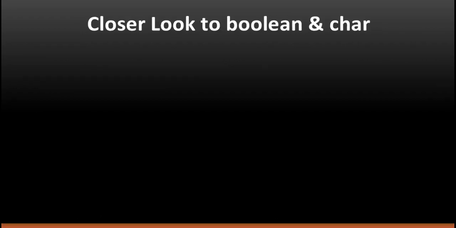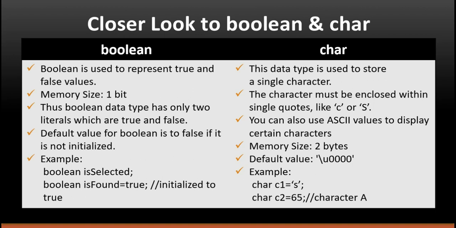Next we are going to see all primitive data types in detail. Here is boolean. Boolean is used to represent a true or false value. The memory it occupies is 1 bit. Boolean has only two literal values, true and false. The default value for boolean is false. I mean to say, if you don't assign any value to a boolean variable, it is going to take the default value false.